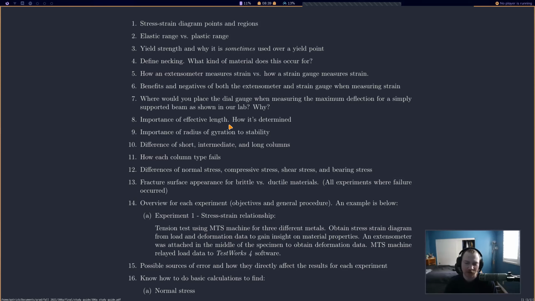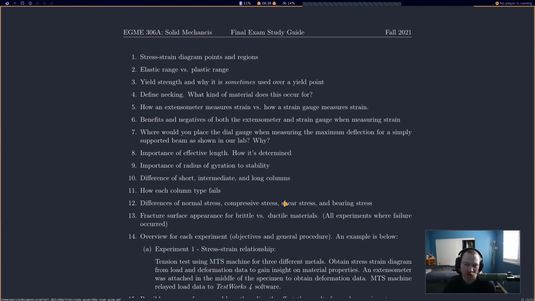This is a lab, so I want to focus on the labs that we did. Okay, so I'm not going to give you the answers now. That's for you to figure out. But we'll go through it just to give you an idea of what the questions are like.